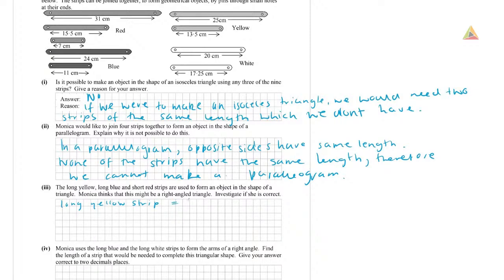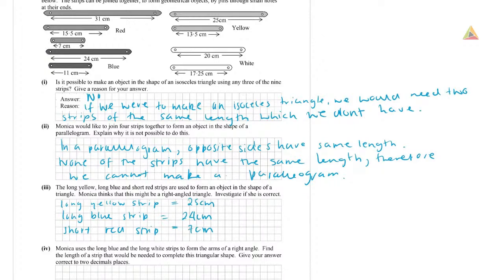The long blue strip has 24 centimeters. And then the short red strip has 7 centimeters. So that's all given to you.